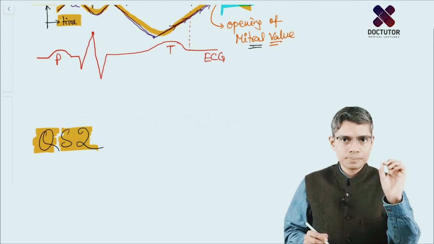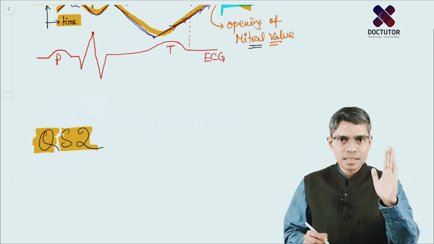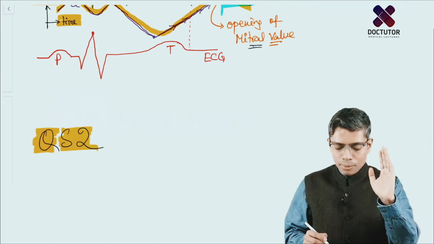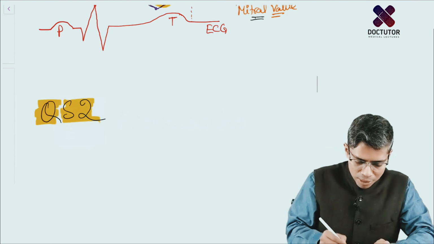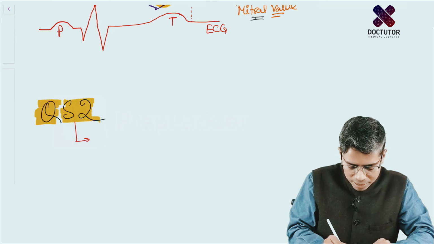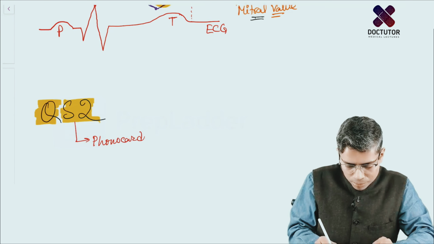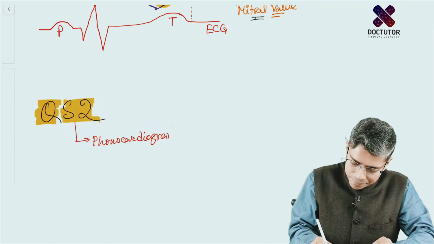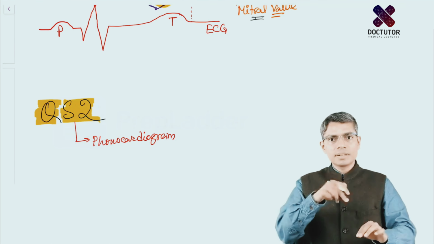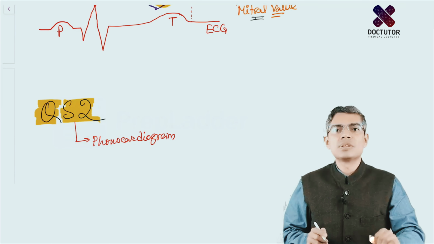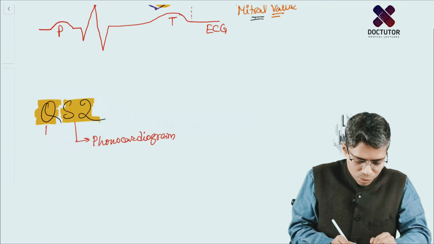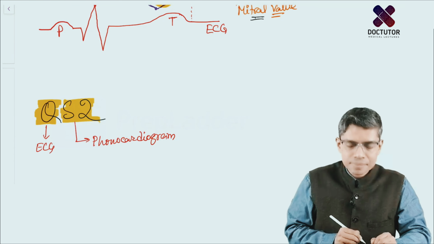So if you record the second heart sound, S2 is recorded by an instrument known as phonocardiogram, recording of the heart sound, that will record the amplitude and time duration of the sound.